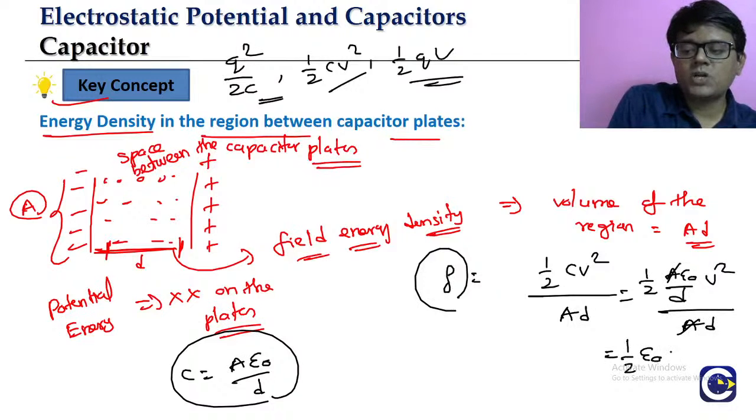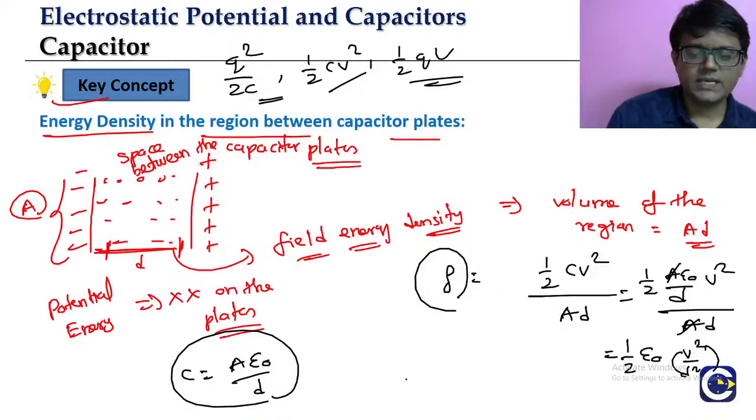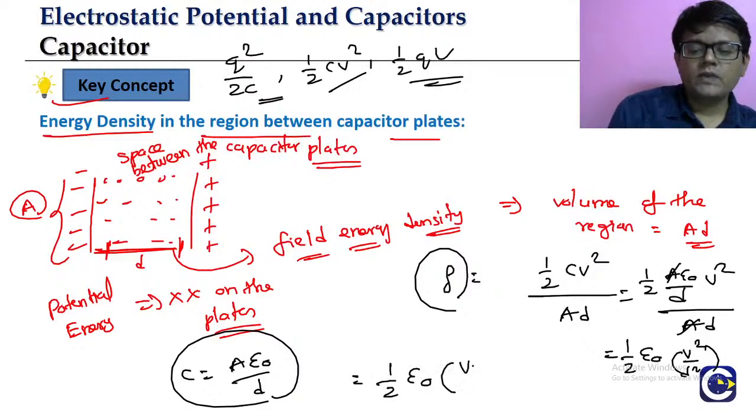Half into epsilon naught into V square by D square.